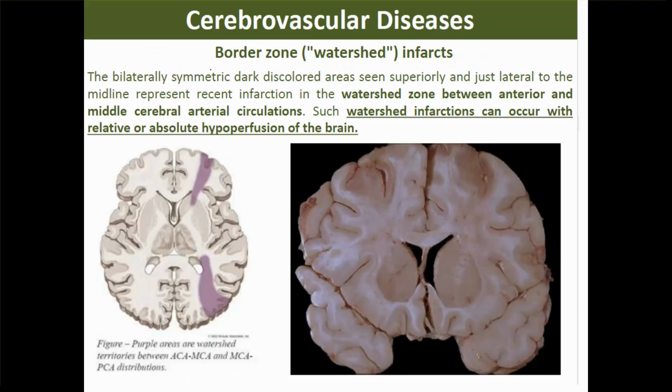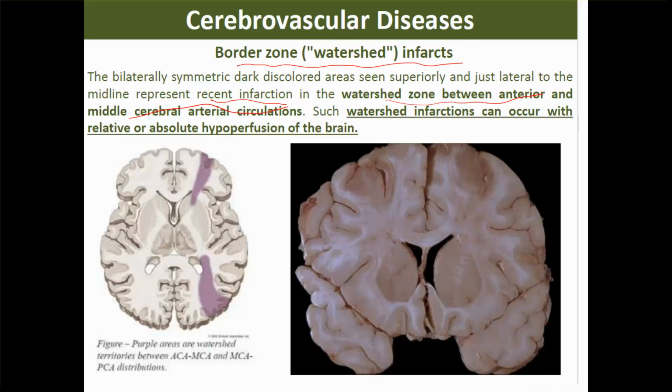Now let's look into what is border zone or watershed infarct. The bilateral symmetric dark discolored areas seen superiorly and just lateral to the midline represent recent infarction in the watershed zone between the anterior and middle cerebral arterial occlusion.